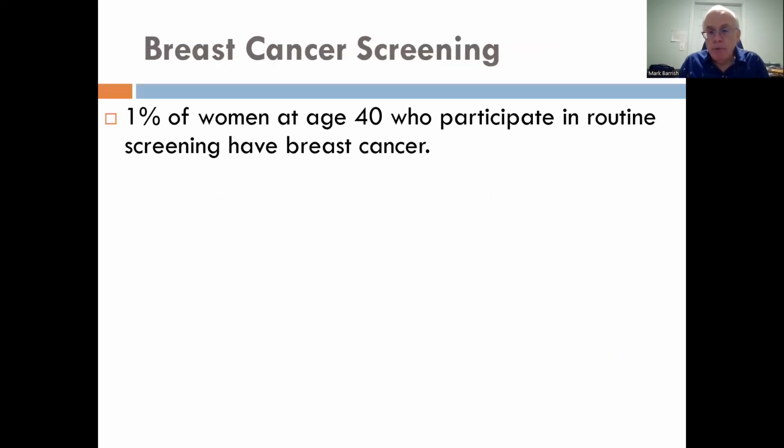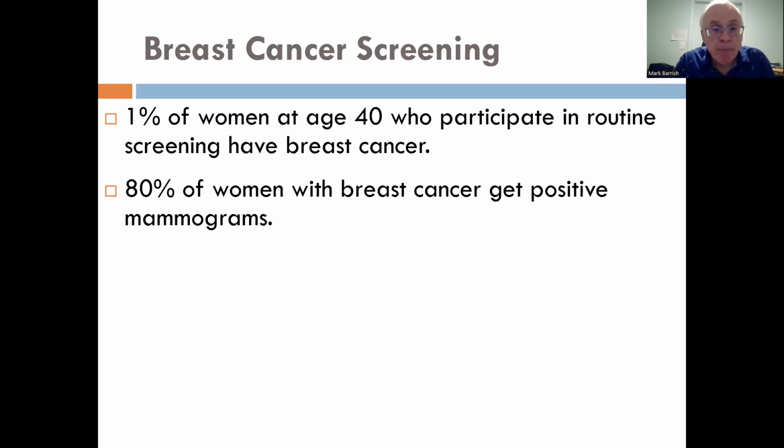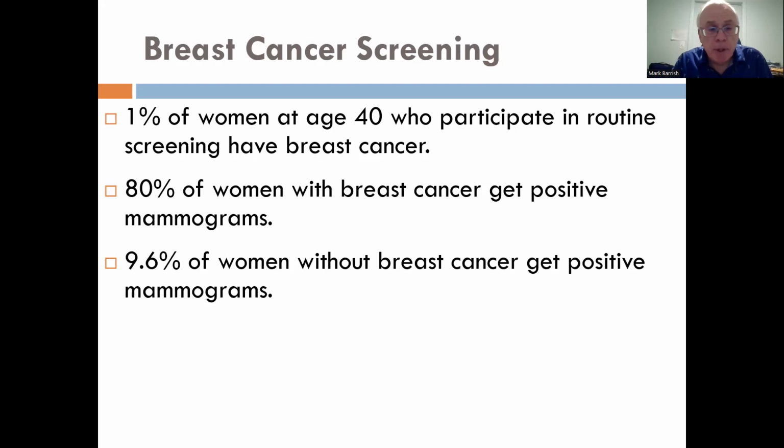All right, so sometimes you have to use the law of total probability to calculate probabilities. For example, 1% of women at age 40 who participate in routine screenings have breast cancer. 80% of women with breast cancer get positive mammograms. 9.6% of women without breast cancer get positive mammograms.